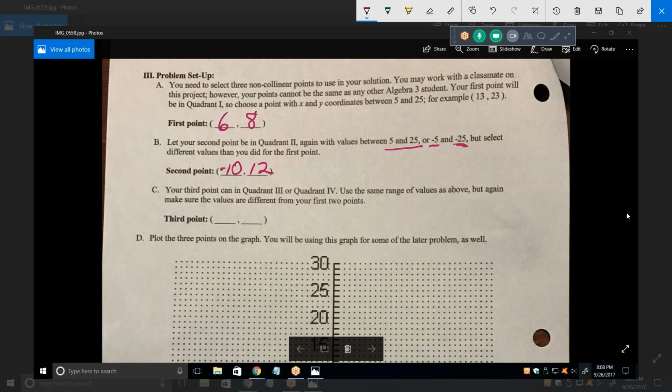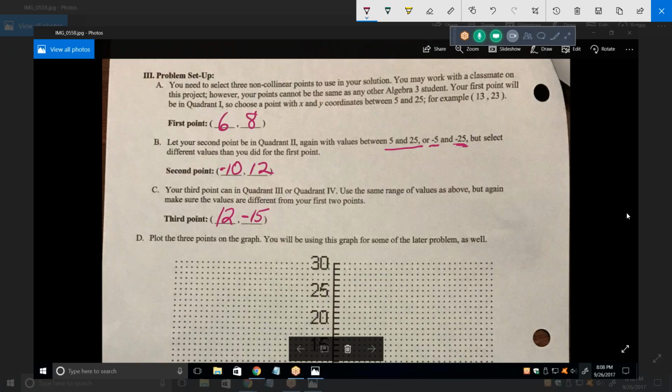Give me a number that's not 6 and not 10. Let's do 12 comma -15. That's a different x and a different y than the first 2, and it's the fourth quadrant.